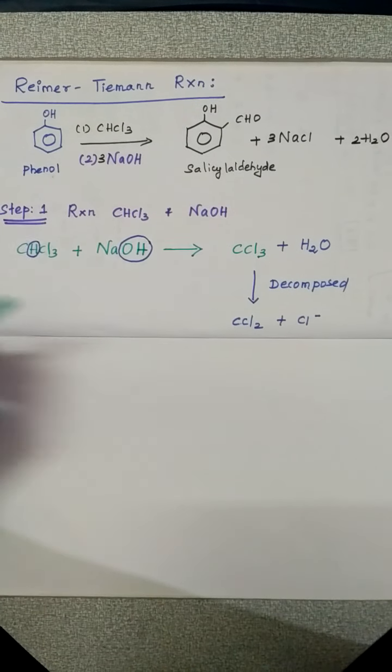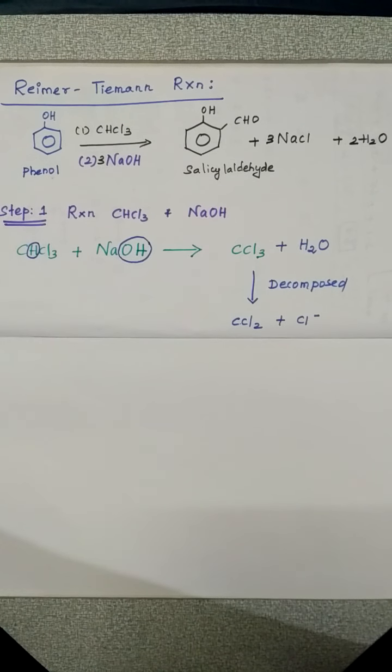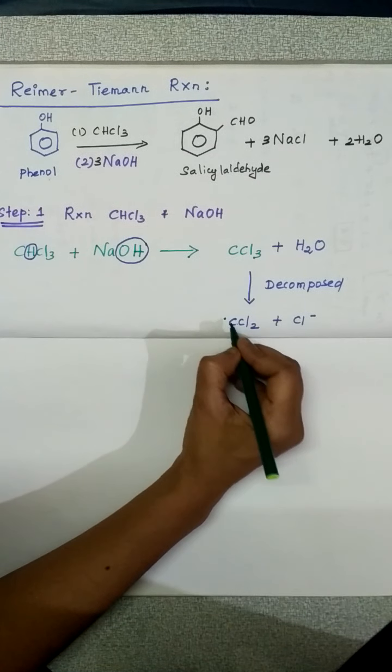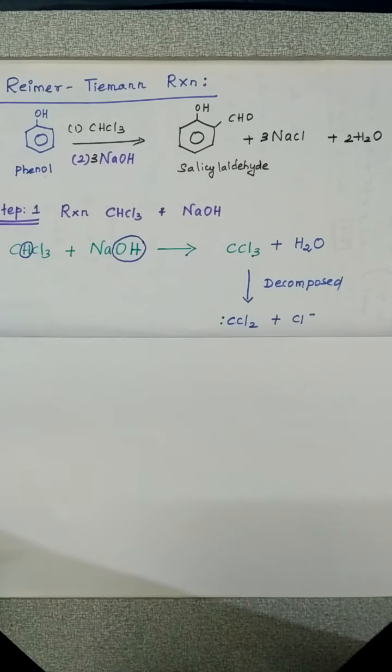Here this CCl2 will have one lone pair of electrons.